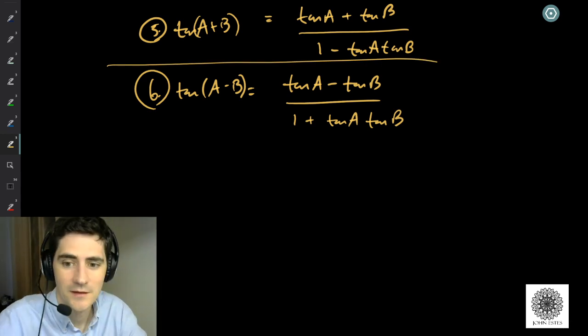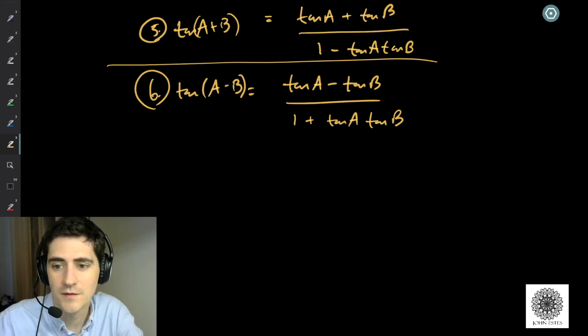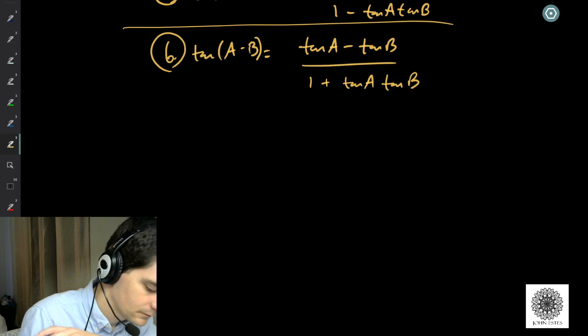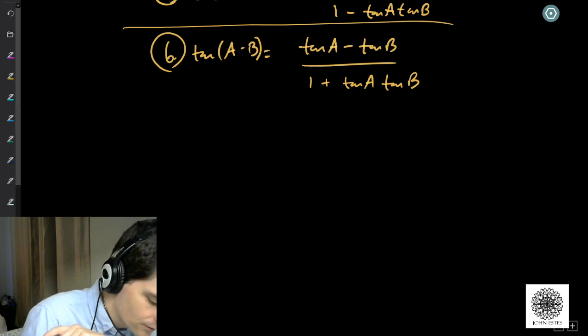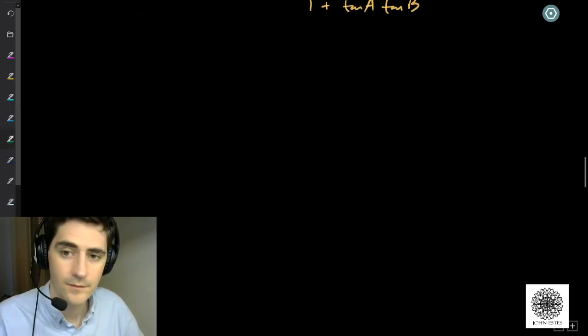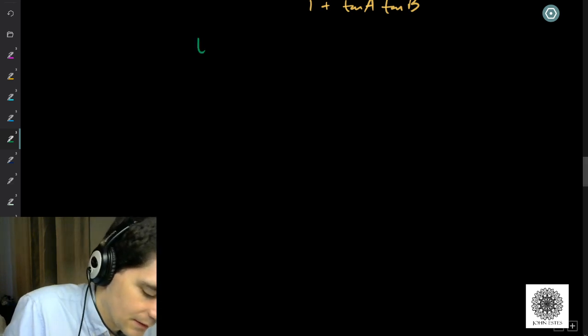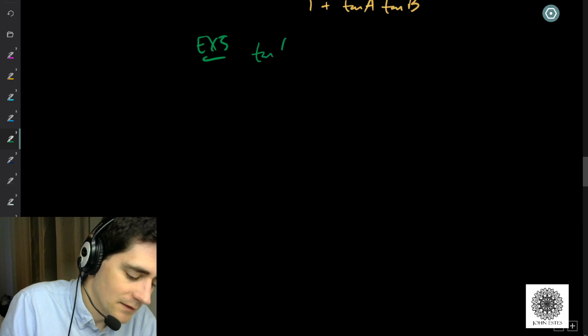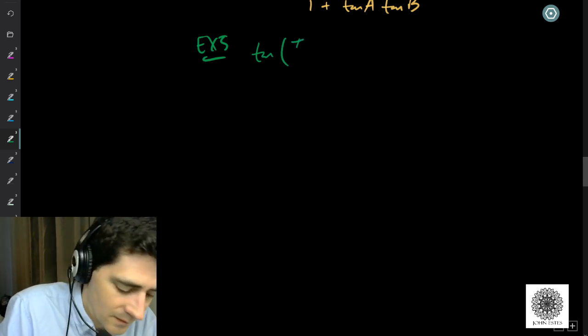Alright, so what this will allow me to do now is just go through examples like we just did, now with tangent. Alright, so let me do one. So this is example 5 in the textbook. I want to find tangent of pi over 6 plus pi over 4.